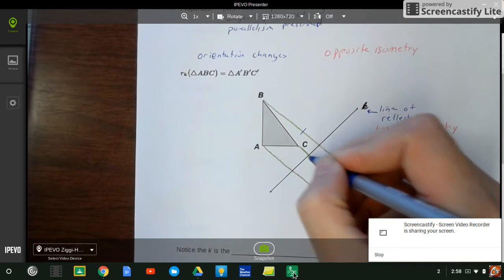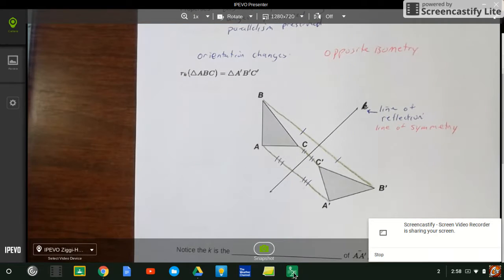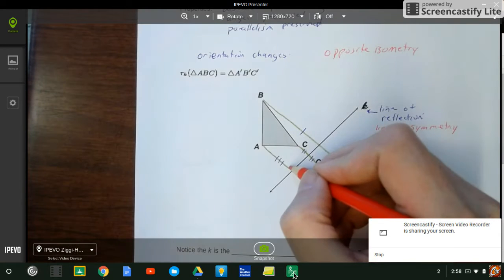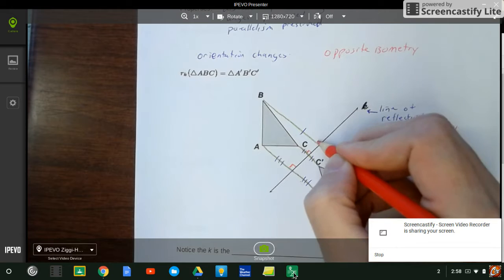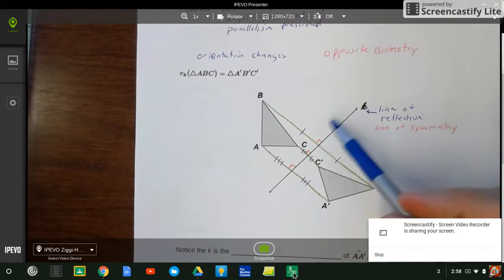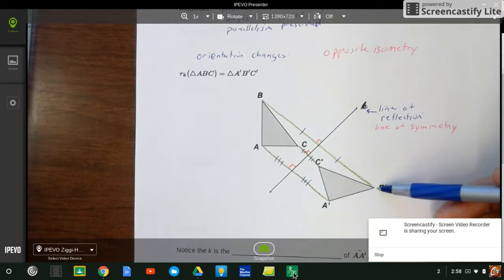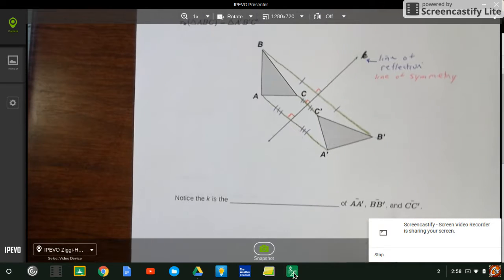So we get all these little congruent pieces. This is the same as that. This is the same as that. This is the same as that. And also notice that because I'm doing distances, they're all perpendicular. Okay. What we end up saying is that this line ends up being a perpendicular bisector of that segment there. So that's a neat little thing that comes in.